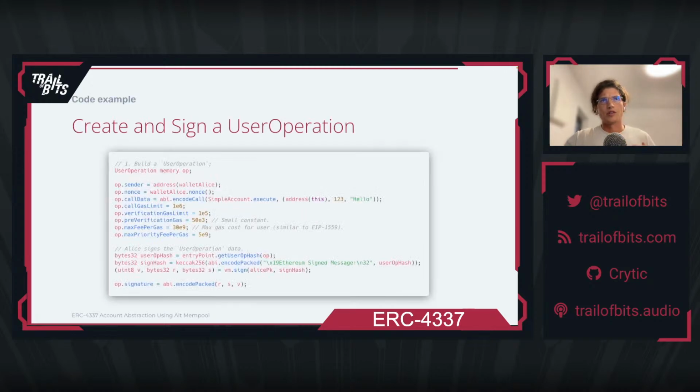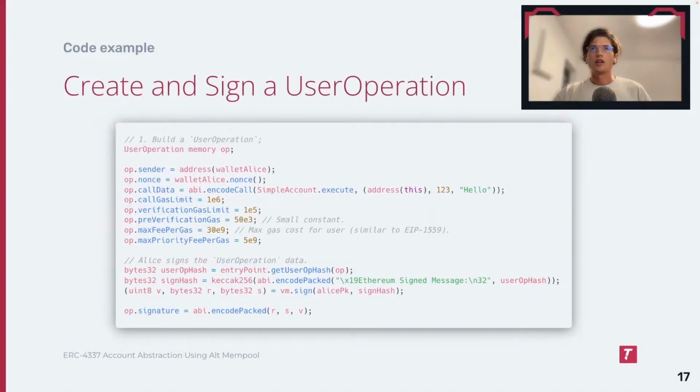So what does it actually look like to create and sign a user operation? Here's an example inside of Solidity. We declare the struct in memory. We fill out the required fields, so sender, nonce, call data, gas limit. And then we basically take this user op, we hash it and have to sign it.